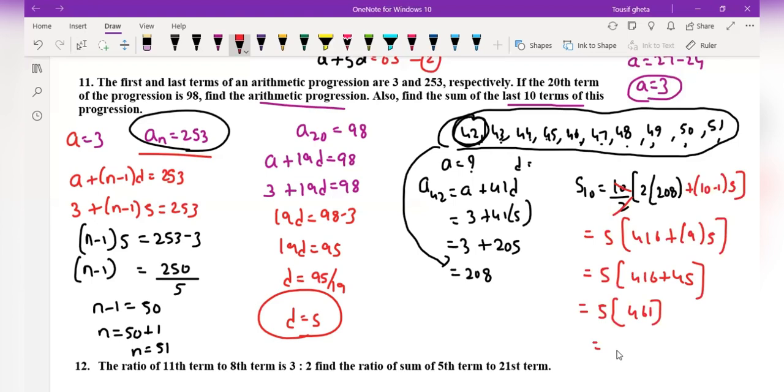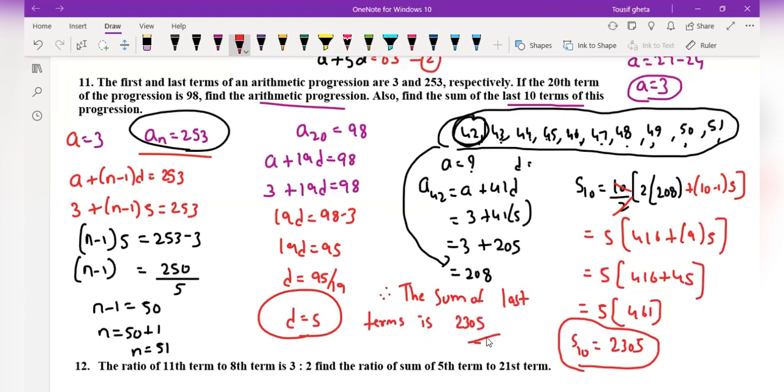Multiply, you will get the answer as 2305. That is the sum of the last 10 terms. The sentence should be written: the sum of the last 10 terms is 2305.